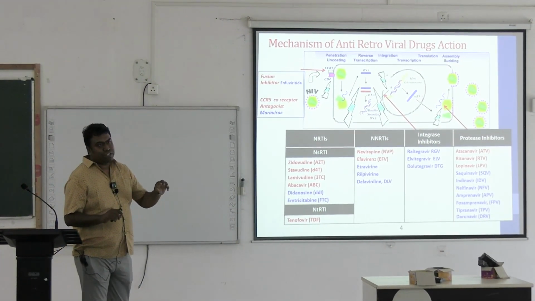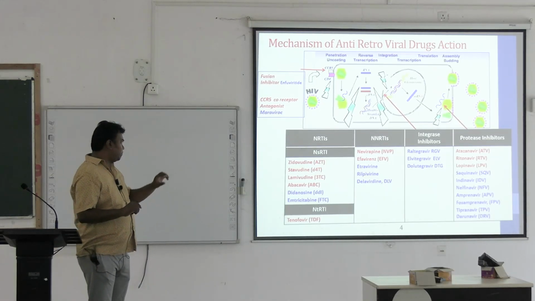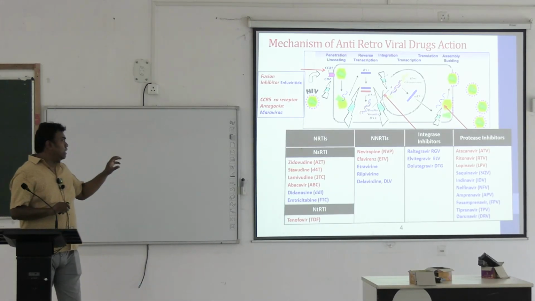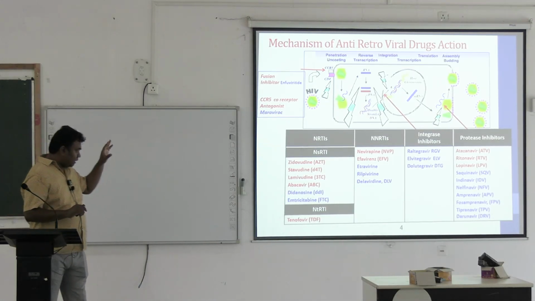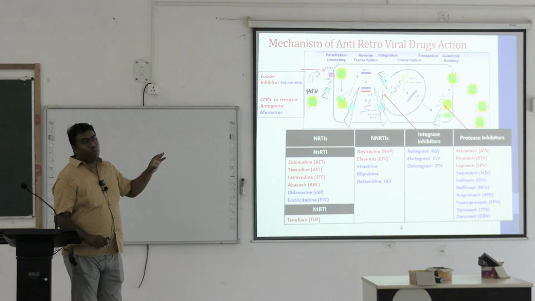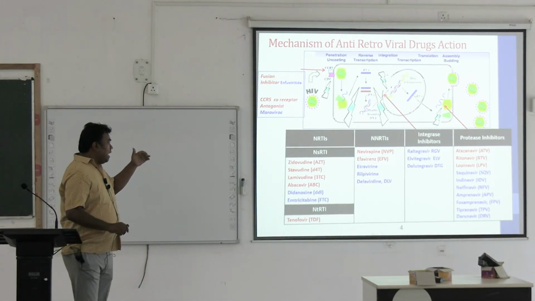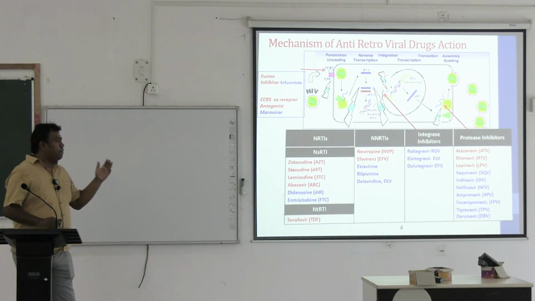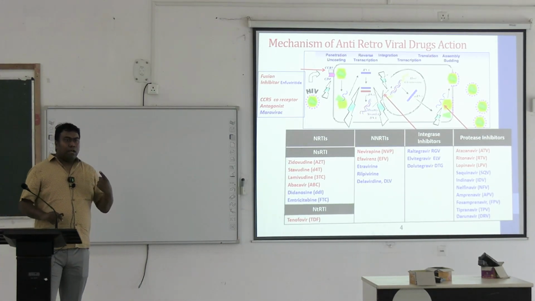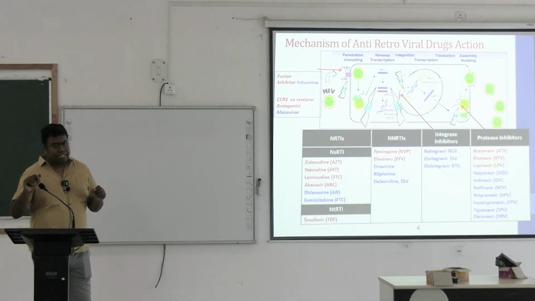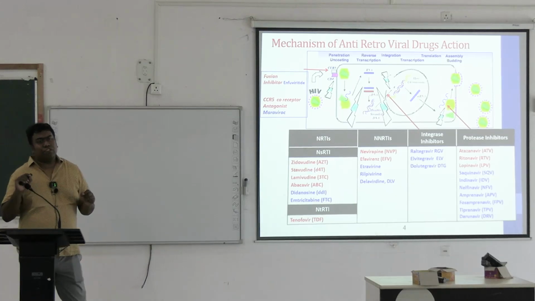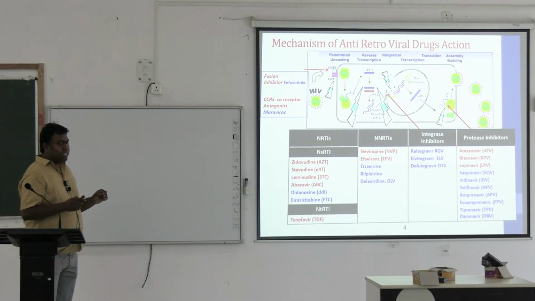Then non-nucleoside reverse transcriptase inhibitors: efavirenz, nevirapine. Then integrase inhibitor, raltegravir. Then protease inhibitors like saquinavir, indinavir, nelfinavir, ritonavir. Abacavir, though it ends with vir, is a nucleoside reverse transcriptase inhibitor.